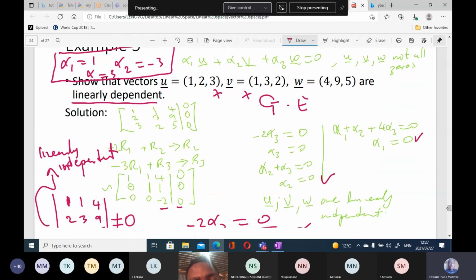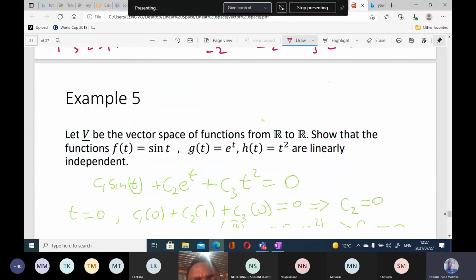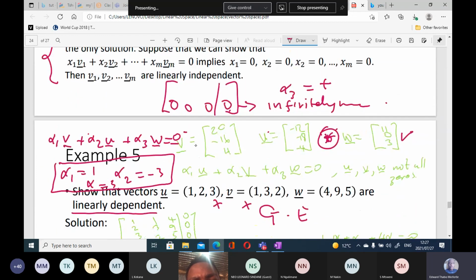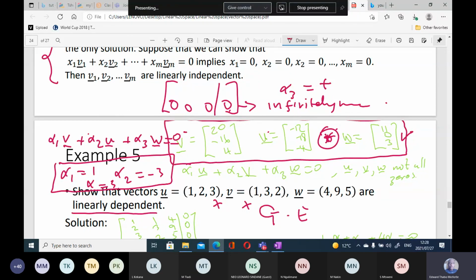Okay. I think I'm going to stop there. In the next class, we can start with example 5, or because we'll have solved this one, we can start with this example. Go and solve this one. You can copy it, or take a picture using your phone.